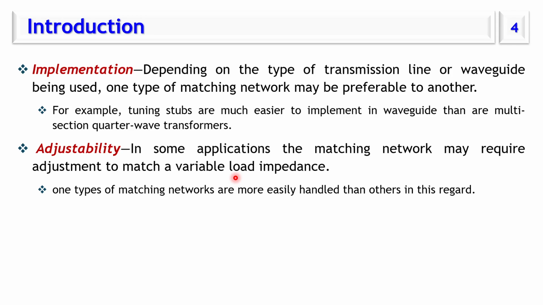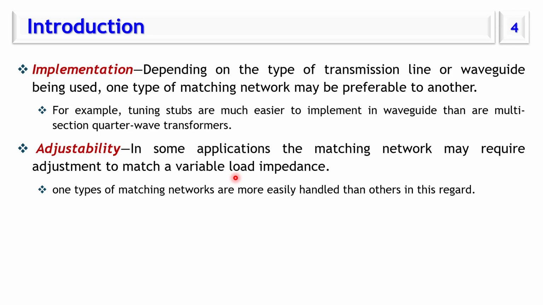But if you can have some tuning in your matching network, then this adds to the goodness or the quality of your matching network choice. So those are some qualitative factors to judge the quality or the suitability of a matching network.